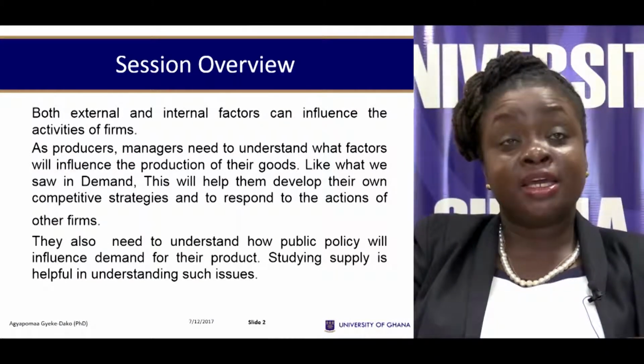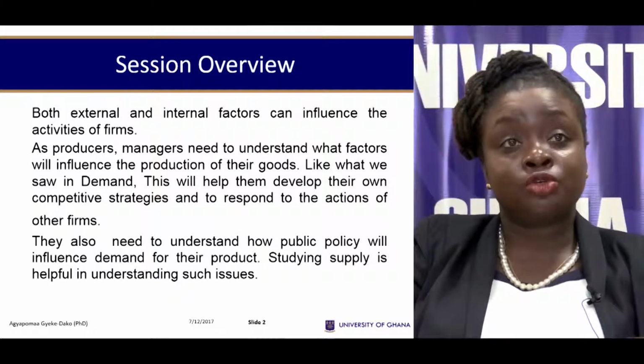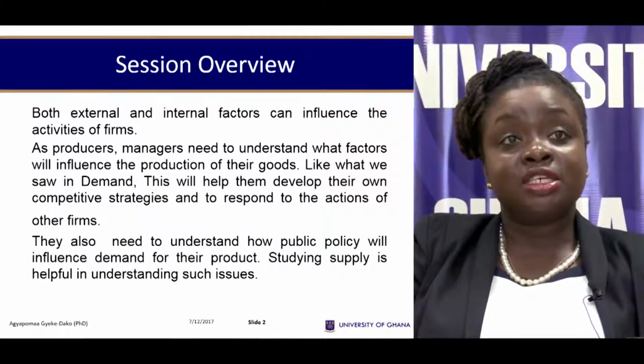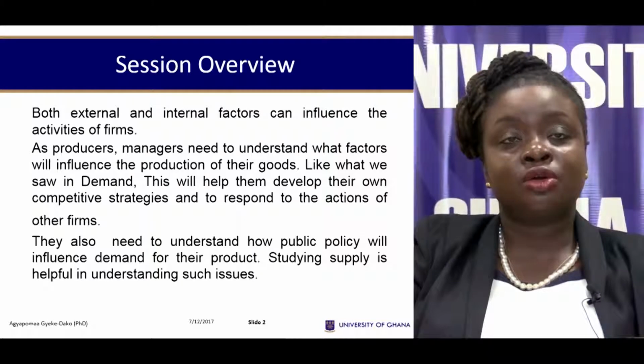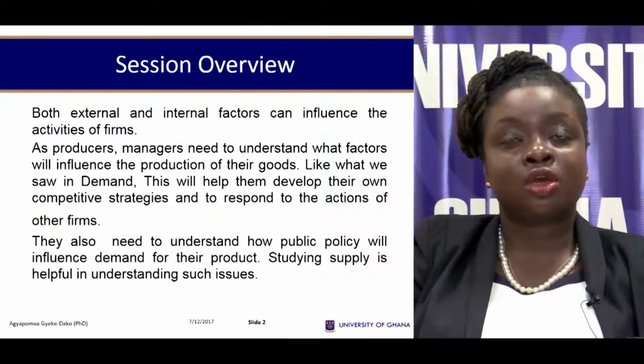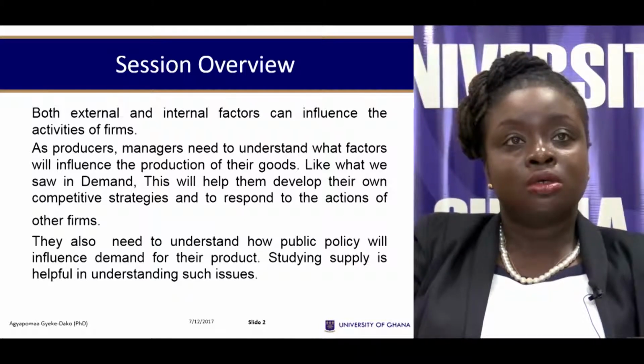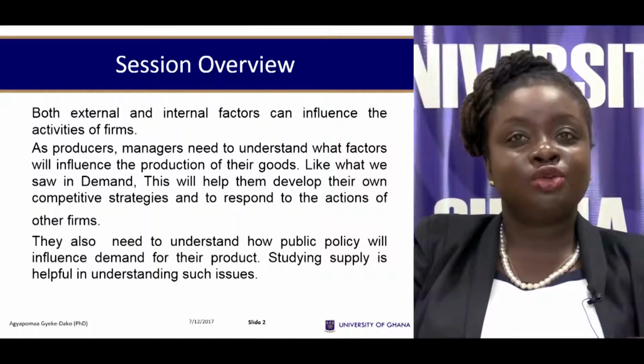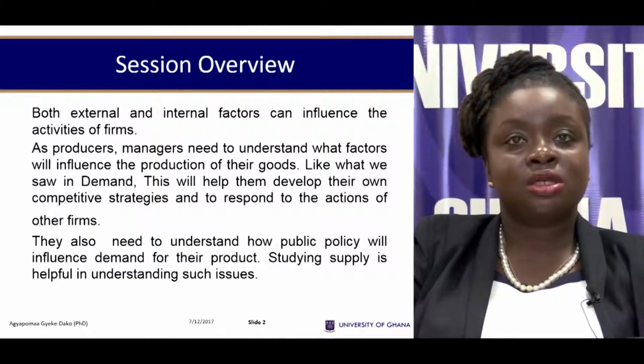Now, why is this important for you to study? Supply is important for us to study or understand under managerial economics because as managers, you need to understand what factors would influence the production of your goods. Like what we saw in demand, this obviously is going to be helping you develop competitive strategies and to respond to the actions of other firms if you have to.